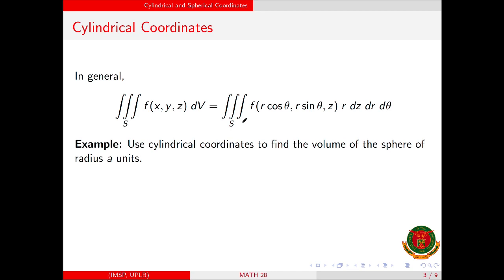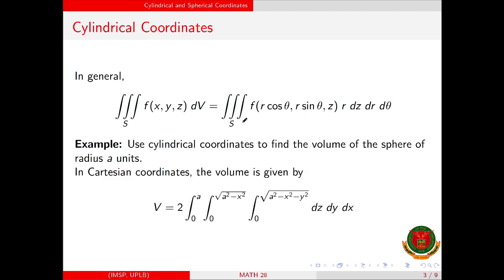Use cylindrical coordinates to find the volume of the sphere of radius a units. By this time, I hope you already know how to set up a triple integral in Cartesian coordinate system that will evaluate the volume of the sphere.